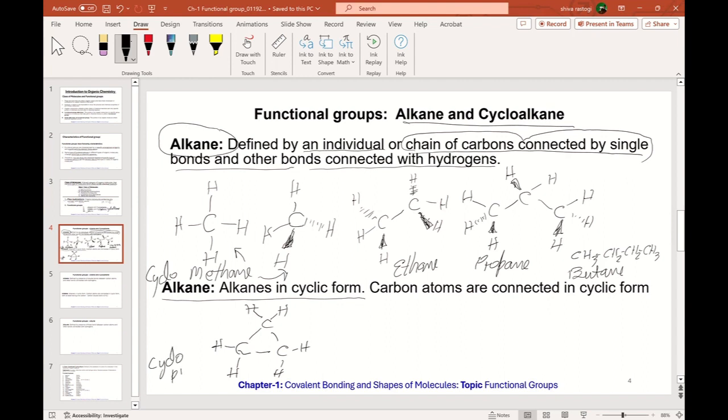Another example is butane, and here we have cyclobutane. 4 carbons are connected to each other, and the remaining 2 valencies are satisfied by hydrogen. So here you can see only carbon and hydrogens are there. That's it. So this is cyclobutane.